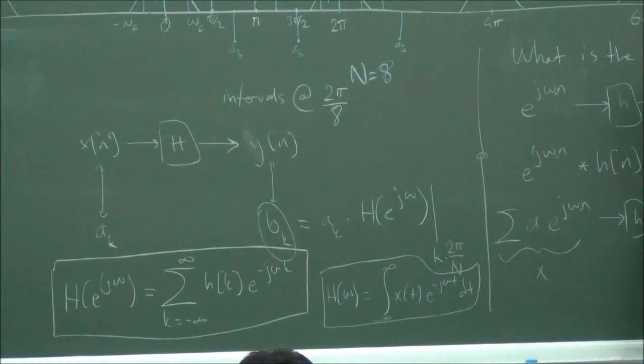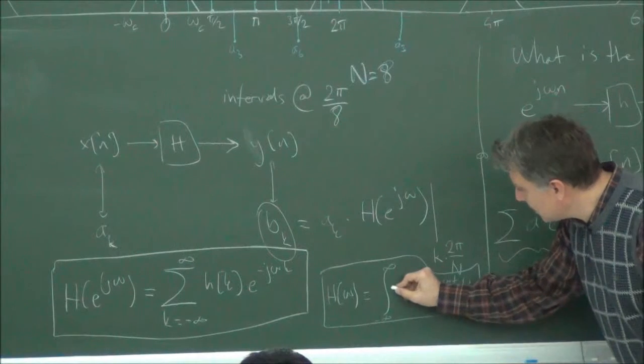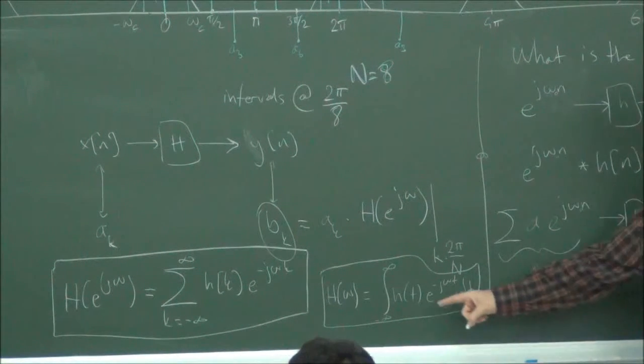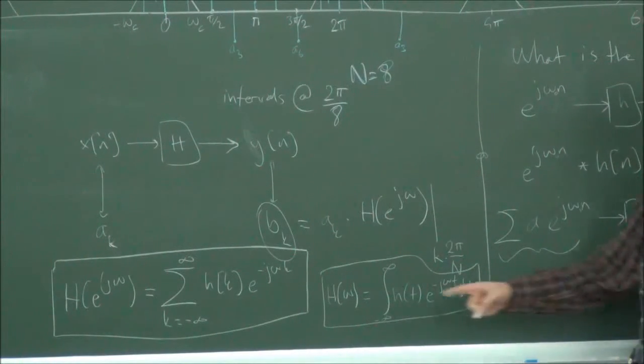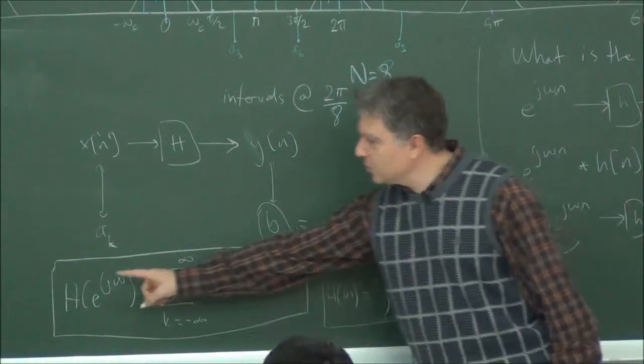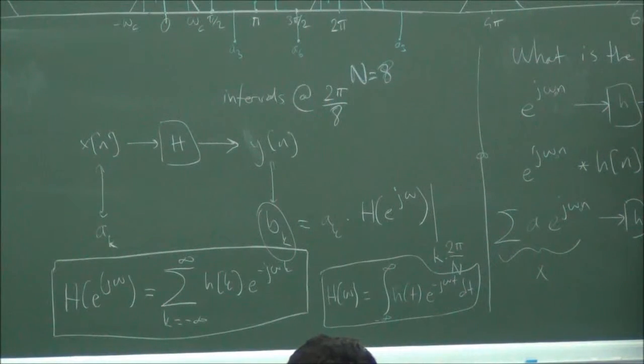It's not x, I'm very sorry about that, it's h of t, the impulse response. This was the relation to convert the impulse response to the frequency response, and the other is the relation of impulse response to frequency response in discrete time. These two formulas are the ones that we will commonly use. We will start using them next week, in fact, once we are finished with this topic.